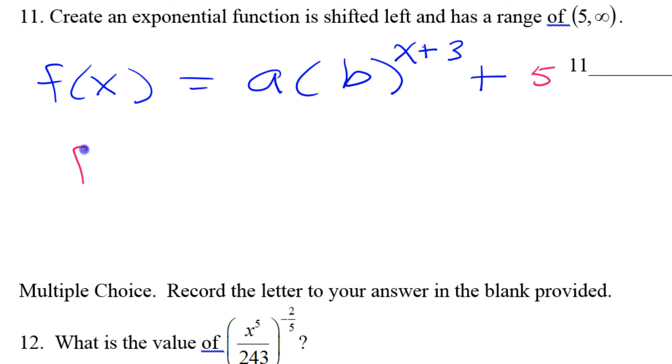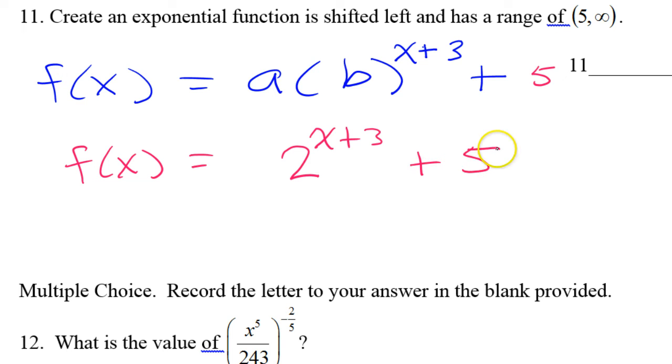So, for example, I could say f of x is equal to, I'll just say 2 to the x plus 3 power plus 5. Like this would work, but this didn't have to be 2. It could have been 7 or 1/2.